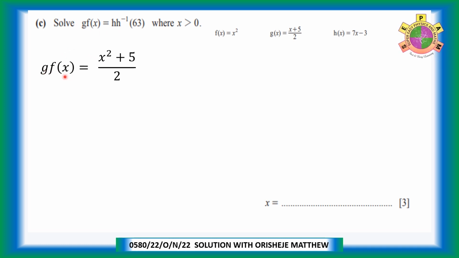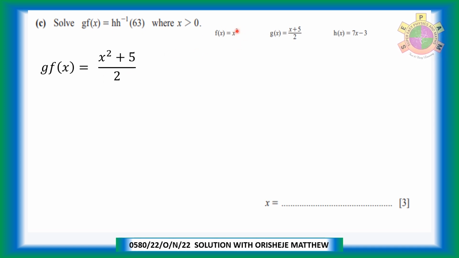g of f of s, now what is f of s? f of s is s squared. So what is g of s? g of s is s plus 5 divided by 2. So you are now mapping f of s, that is s squared.